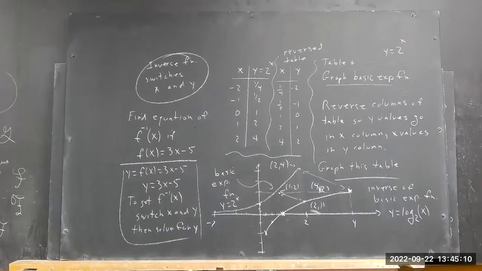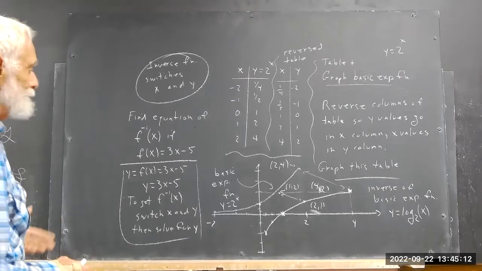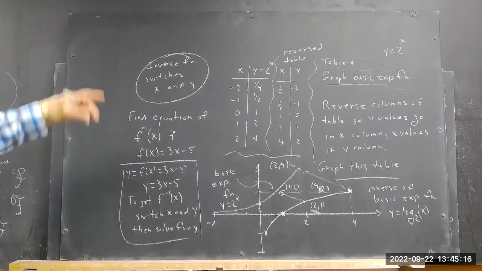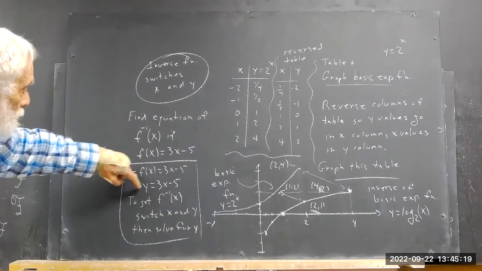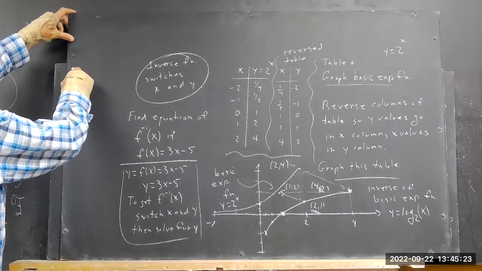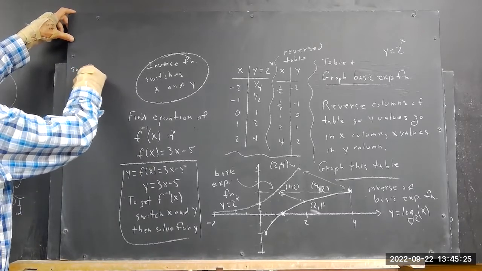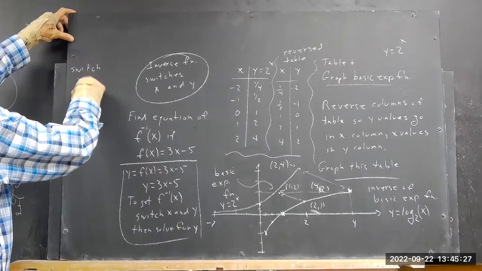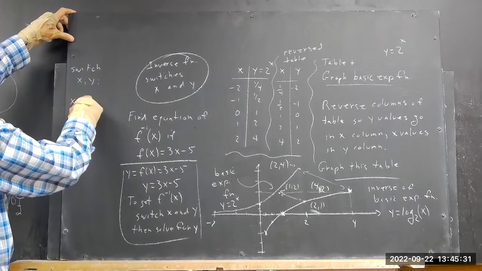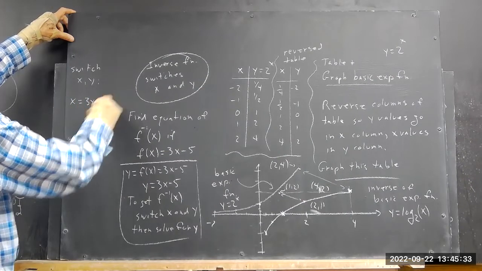Okay, y'all did real well with that. Not everybody had time to finish it by the time it came around, but most did by the time I got to them. So you switch x and y, and you get x equals 3y minus 5.